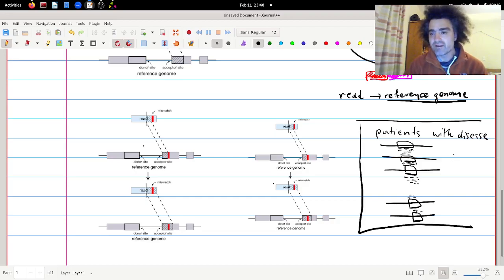So here is disease and here is no disease. Okay. And if we find that, then we know something about the disease. We know that the disease either affects the gene expression level of this gene, or it is caused by the differentiation of the expression level of this gene.